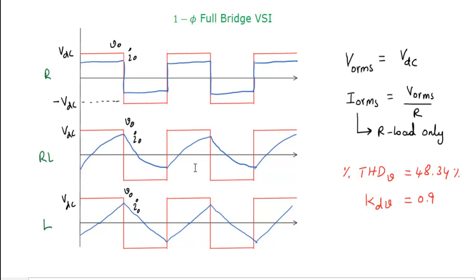The current waveform is somewhat close to a sinusoidal waveform, meaning some harmonics are reduced because the inductor is filtering out some of them. That is why current distortion factor will be more than voltage distortion factor, meaning harmonics are less, so THD in the current waveform is lesser than THD in the voltage waveform. That we need to calculate, we can't simply say that. But in this case, both are 48.34%.